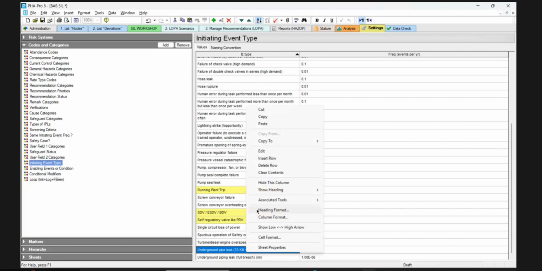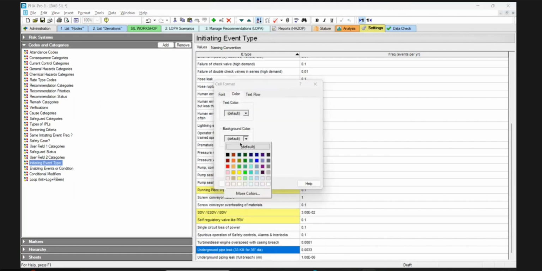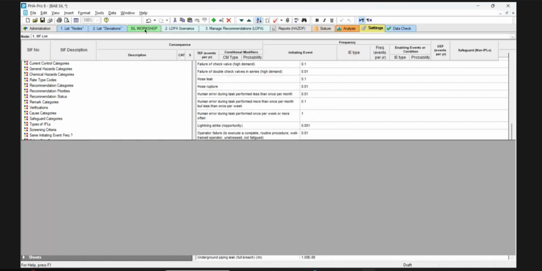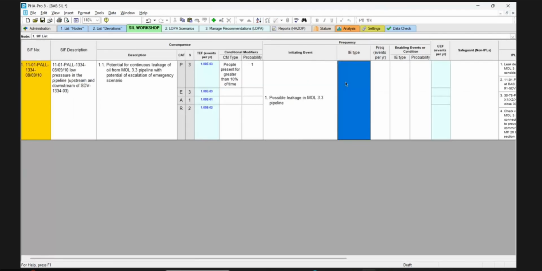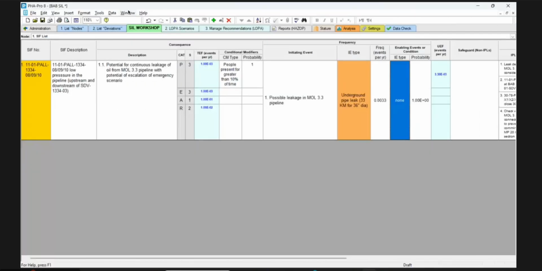So this I will make highlighted. This is a new definition. We'll go here. I will define this one as 0.0033, not 0.33 or 0.03. So I will put the same note here, the same note that you have taken.